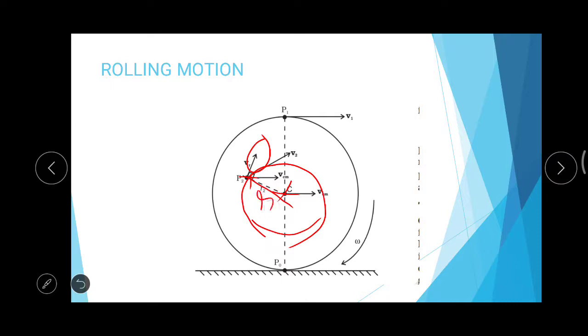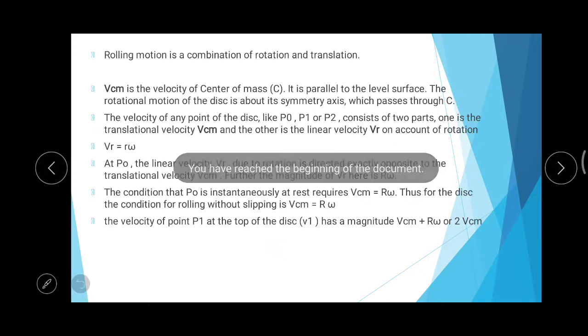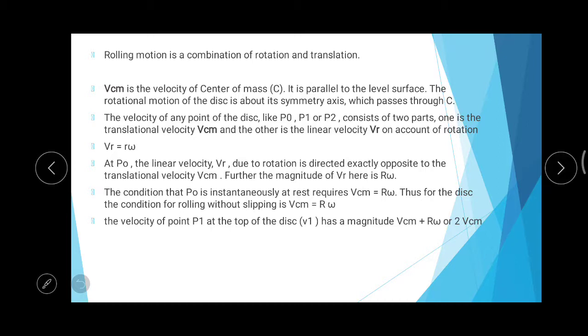Radius and tangent are always perpendicular to each other, hence the component of the velocity VR will be perpendicular to the radius.